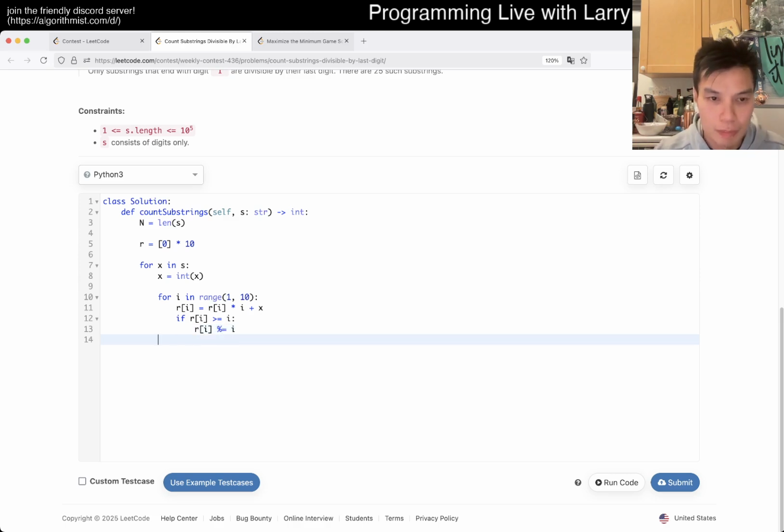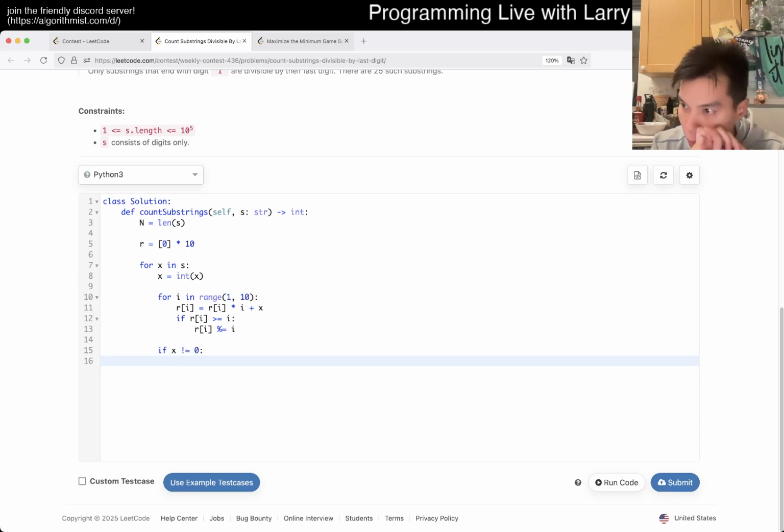Okay, fine. Right, so if x is not equal to 0, no, this isn't right. It's kind of right, but it's not right. What am I doing? I'm missing a piece.